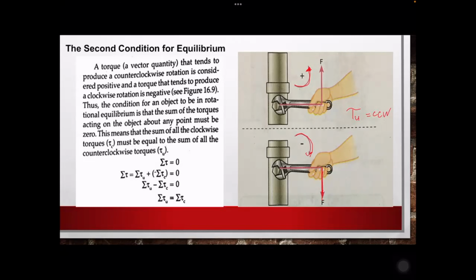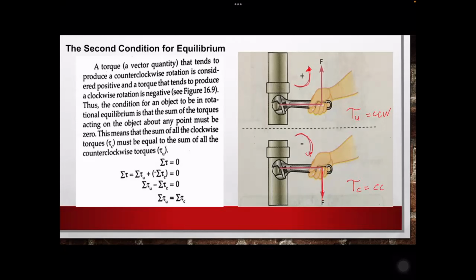Kapag naman torque C, ibig sabihin clockwise, or along with the clock. So, the sum of the clockwise and the sum of the counterclockwise torques are equal.